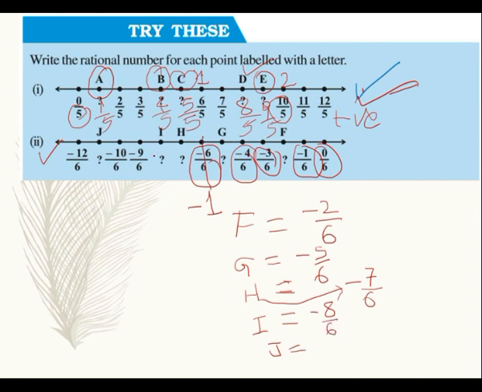And J represents minus 9 by 6; after minus 10 by 6 and minus 11 by 6. So that's how we identify rational numbers on a number line. See children, here the first question is moving towards positive, another question is moving towards negative. It is easy to represent a rational number on a number line.